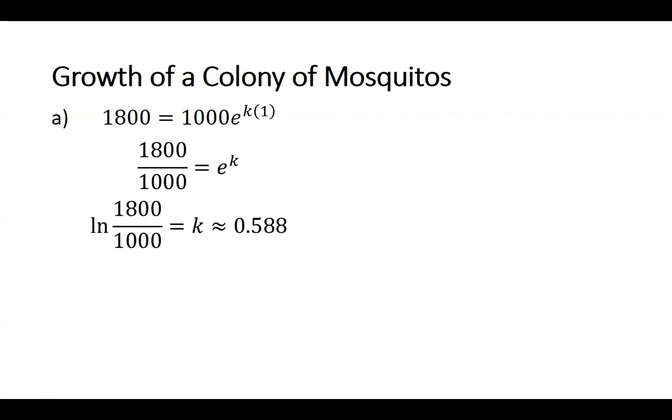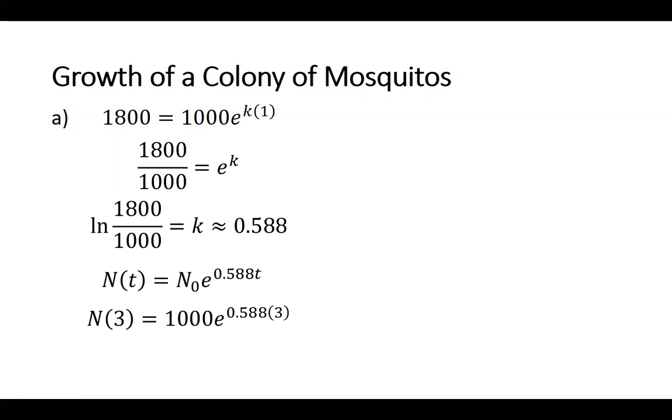So the natural log of 1,800 over 1,000 gives us our k value, because we didn't have to deal with dividing out the 1 because it was 1. So our growth constant is 0.588. Now that we have our growth constant, we can plug that back into the formula. Now we know that this is our formula for calculating how many mosquitoes there will be at any given time.